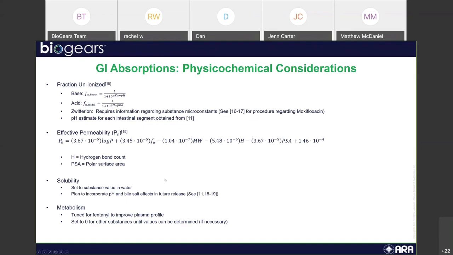There are a lot of studies that look at, with various enzymes, trying to estimate that fraction of metabolism. But again, sometimes, as the previous conversation showed, that data is difficult to find, so it ends up being more of a tuning parameter than a physicochemical input.